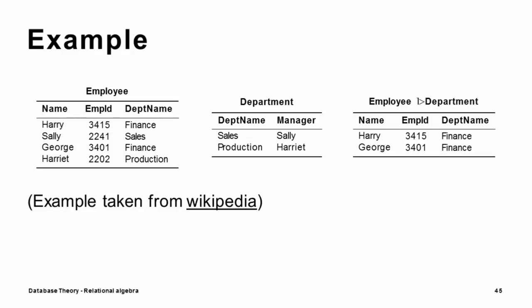Because if you have a look at it, if you would join these two and make a selection, you would connect the department of both those tables, and you're checking for sales and production. And it turns out that Harry and George are the only ones that are not part of the department relation.